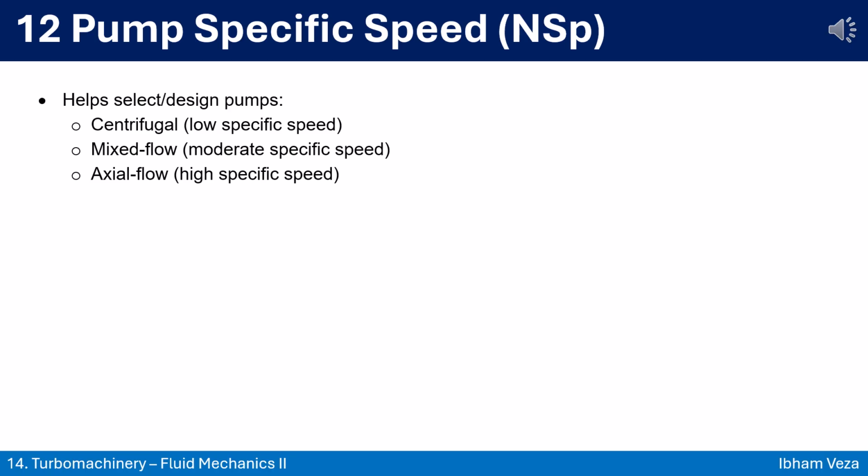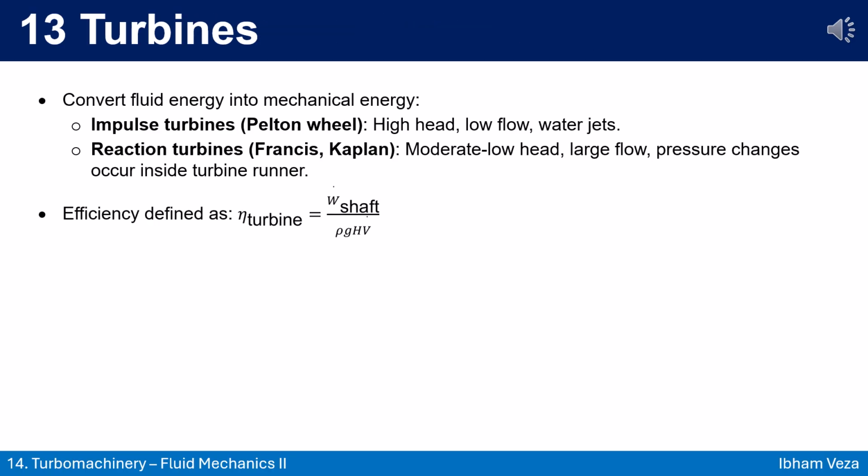In summary, understanding NSP helps you narrow down the right pump type as it directly relates pump performance characteristics to their most efficient operating regimes. By matching your pump selection to the correct specific speed range, you ensure optimal efficiency and operational reliability for your system.